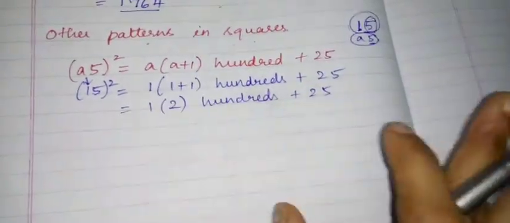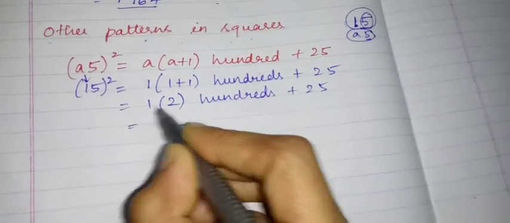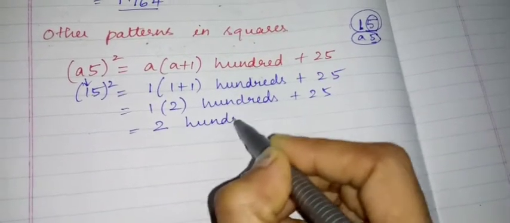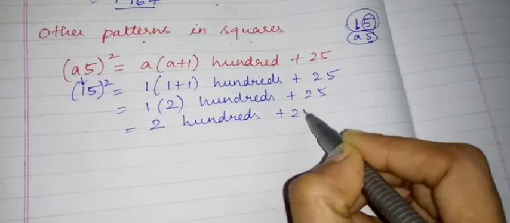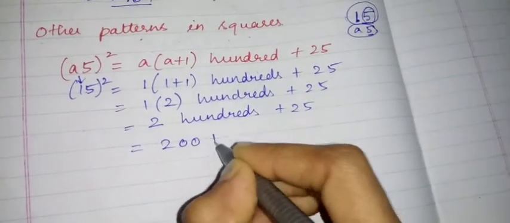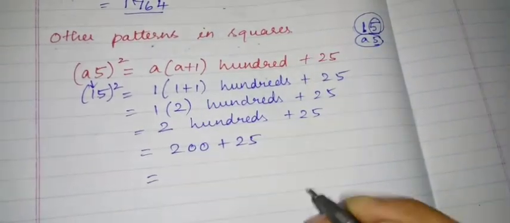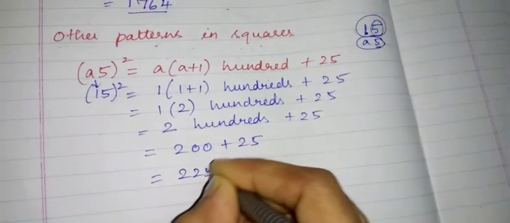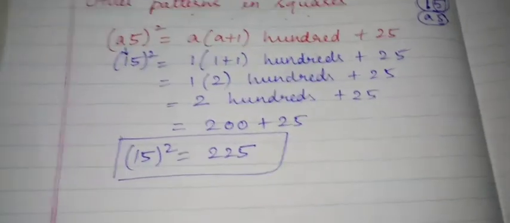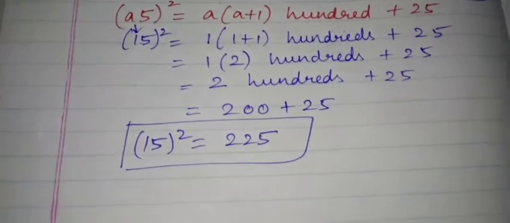Bracket means multiplication only, no? 1 twos are 2 hundreds plus 25. 200 plus 25 is 225. So what is our 15 square, children? 225. This is how you find other patterns in square numbers.